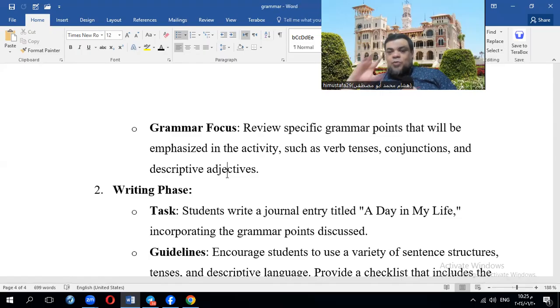For example, they're going to use tenses, present tense or past tense, present continuous and past continuous. You're going to use conjunctions. You're going to use adjectives, different types of descriptive adjectives. So the focus here is on how to make grammar functional.